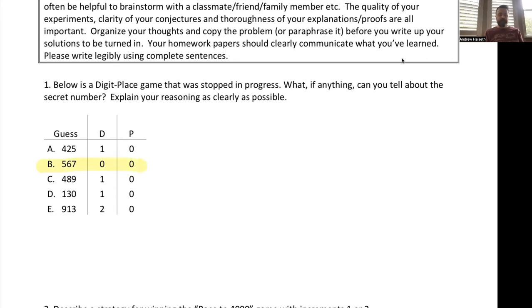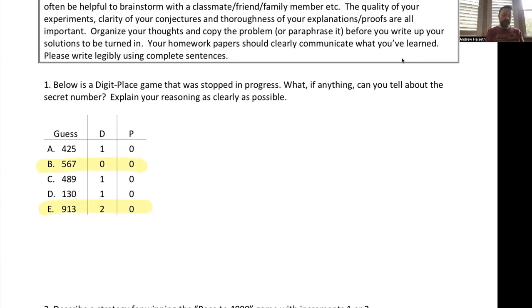Now, from there, it gets a little harder. What else could I possibly know? The next thing I'm going to look at is the highest number. So down here, my eyes go to that 2, because I know that either 9 and 1, or 9 and 3, or 1 and 3 would be in the secret number.